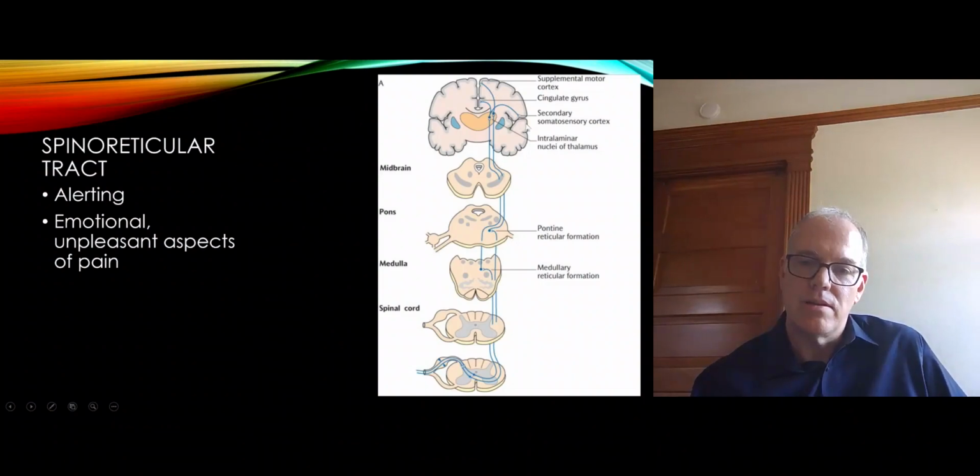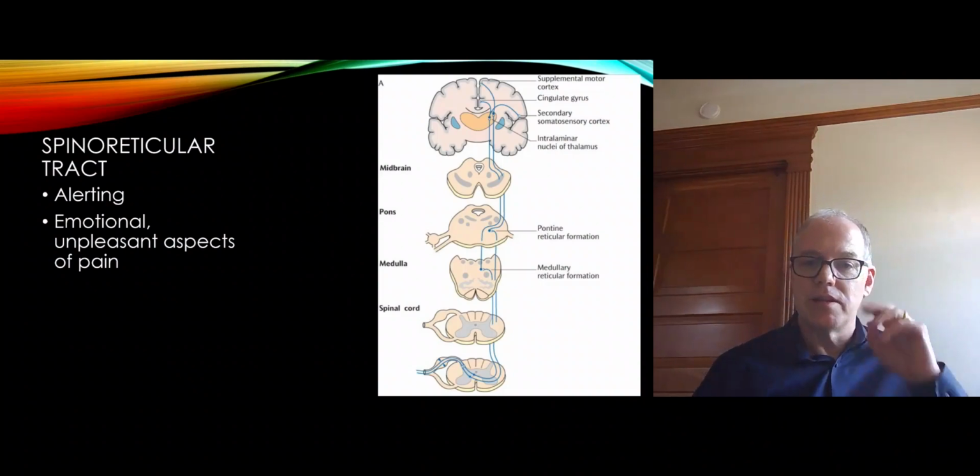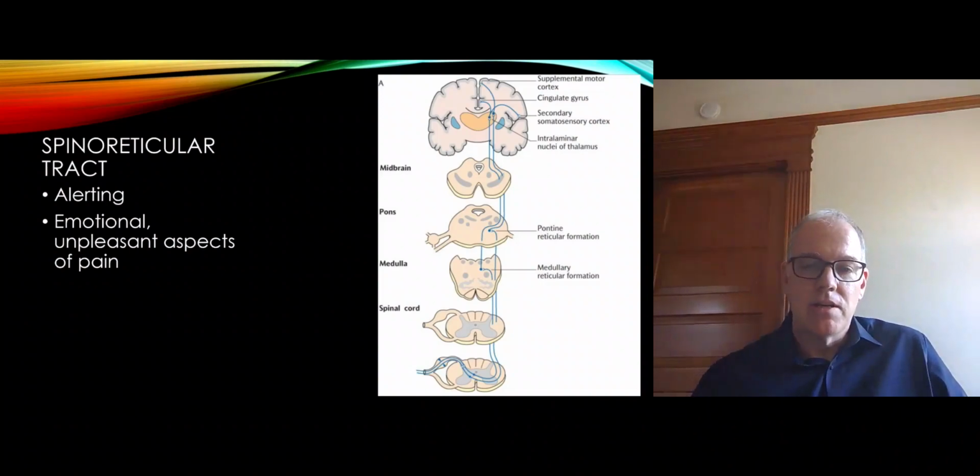The whole brain is activated by this painful information. So we use this to our advantage in a patient who's unresponsive, and we want to find out where the lesion is. We want to alert the patient, because if the patient alerts and they only move one side of their body, that tells us something must be going on in one hemisphere of the brain.